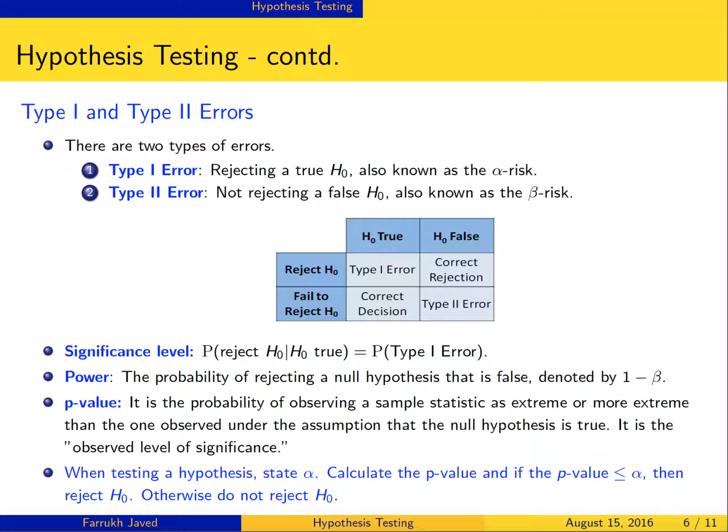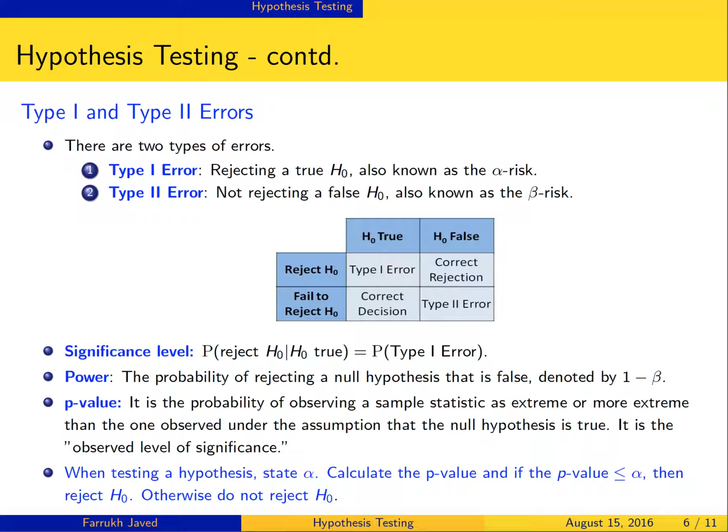So how strong the power of your test is means how strongly it can react to reject a hypothesis when it is false. The false hypotheses are more important to us than a true hypothesis being rejected.